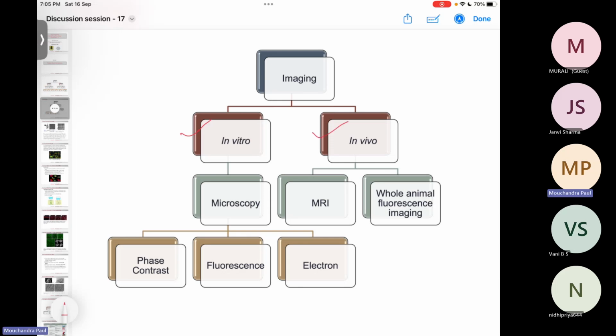For in vitro, we use various microscopic techniques like phase contrast, bright field, dark field microscopy, then fluorescence microscopy, electron microscopy. Whereas for in vivo, we do MRI, CT scan, etc. So various kinds of in vivo techniques are also there. For in vivo, there are some invasive techniques and some non-invasive techniques. Okay.